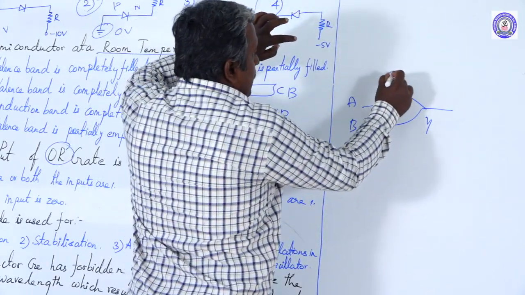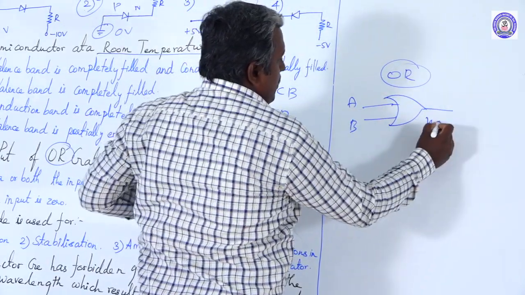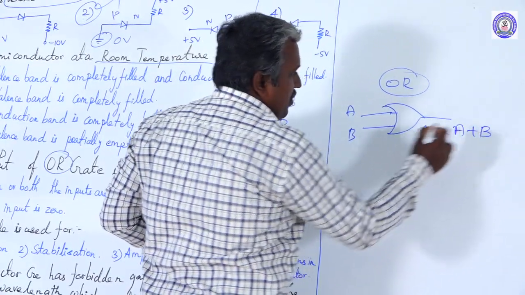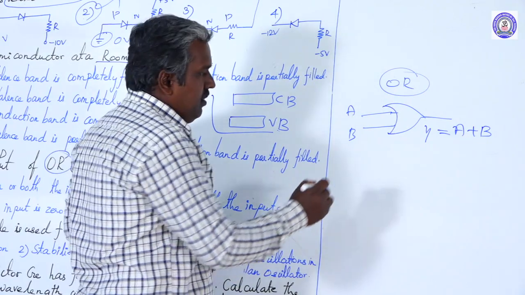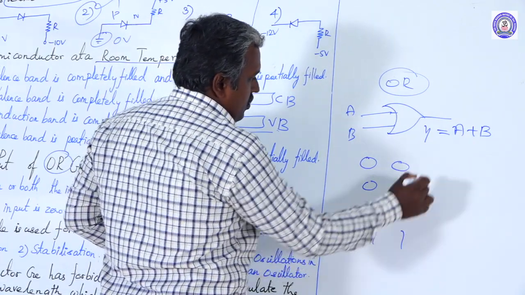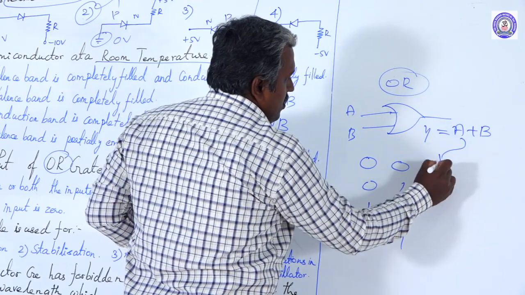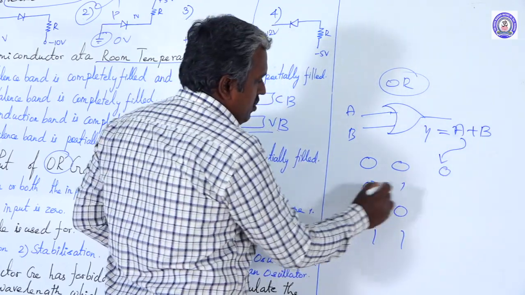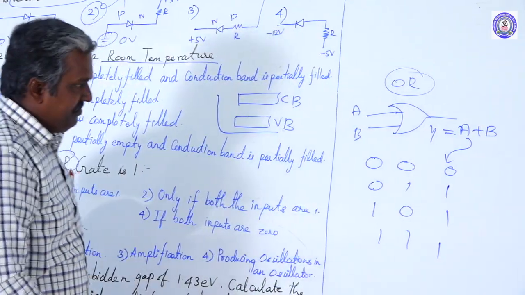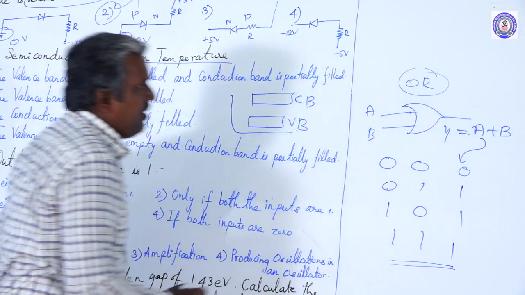Okay, this is the symbol of the OR gate. Boolean expression of OR gate: A plus B, correct? So truth table: 0 0, 0 1, 1 0, 1 1. So 0 plus 0 is 0, 0 plus 1 is 1, 1 plus 0 is 1, 1 plus 1 is 1, correct? This is the truth table of the OR gate.